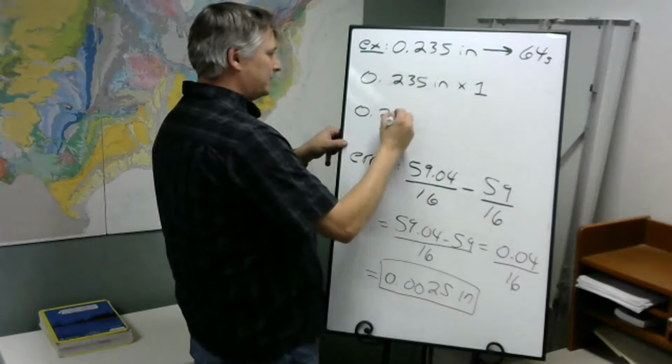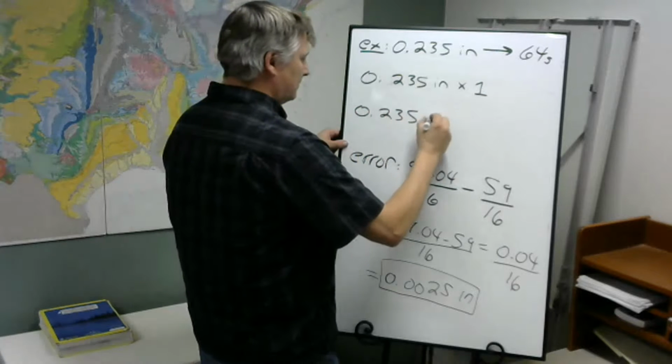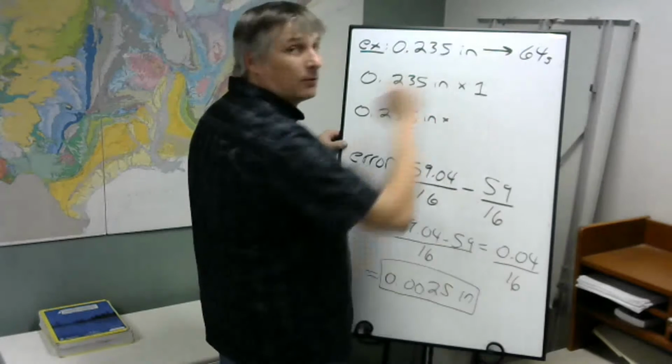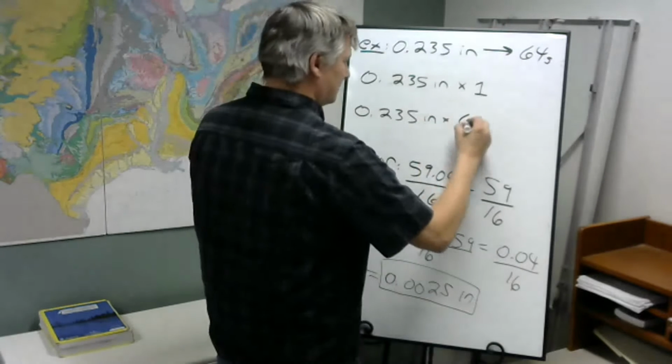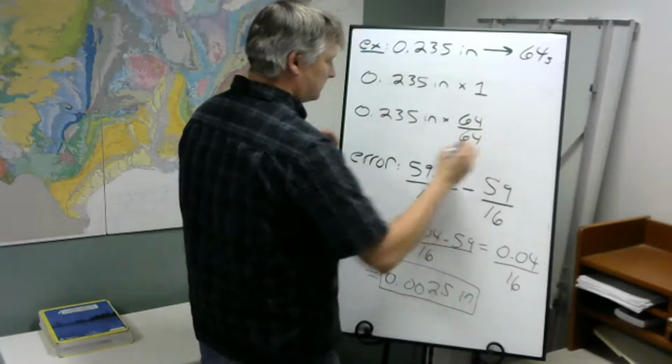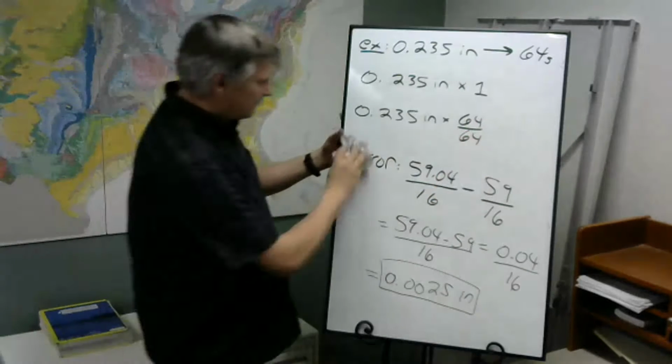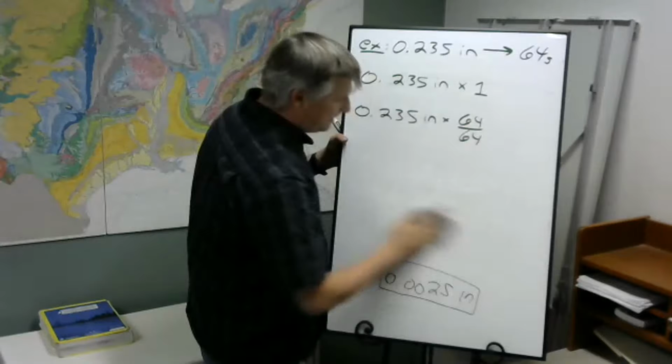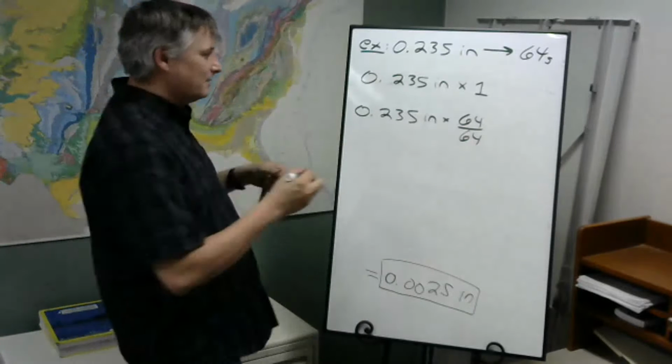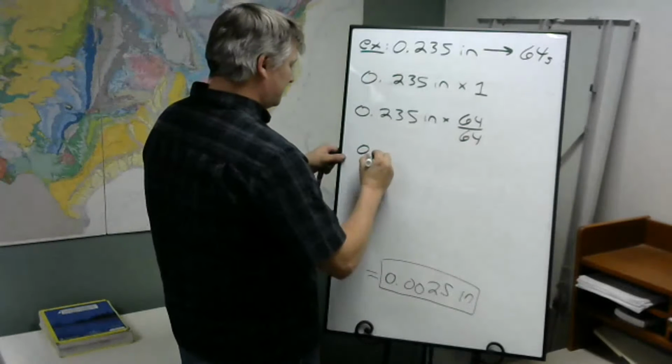And then we'll choose one to be, in this case, 64 over 64. I'm going to skip a step here just for the sake of time, but we can multiply across.